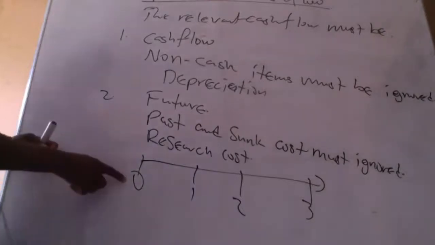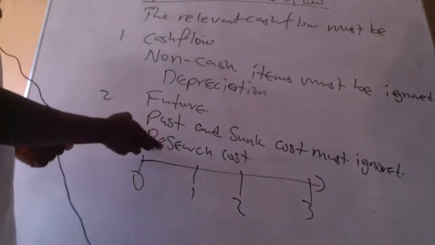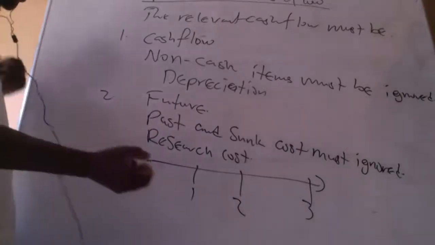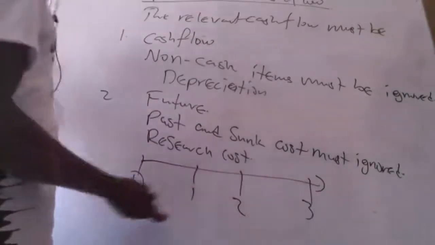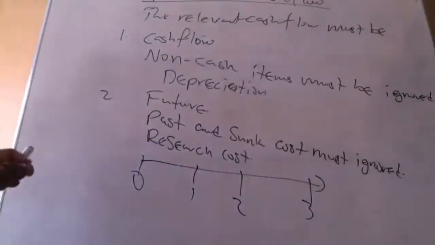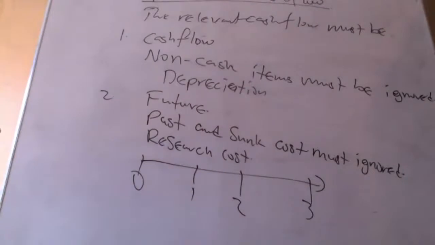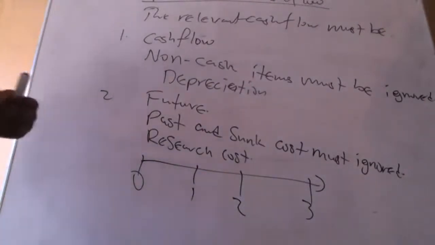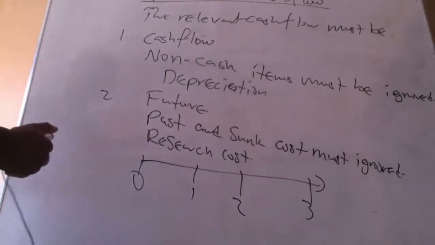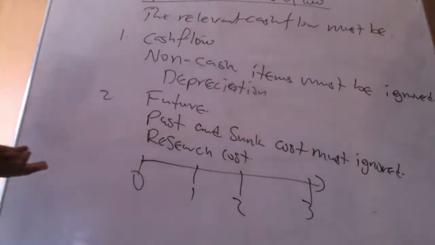So that is it. Now, sometimes you incur those costs in order for you to be able to forecast the cash flows. If you want to forecast the cash flow, you conduct what? Market research and market survey. All these market analysis and market surveys will come with what? Cost. When they come with cost, you pay them.